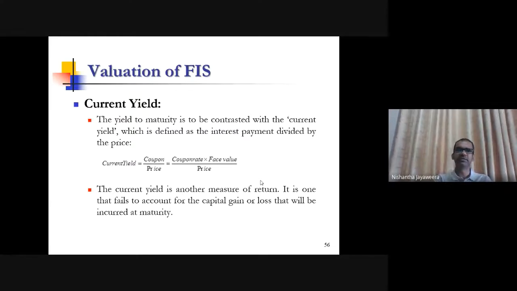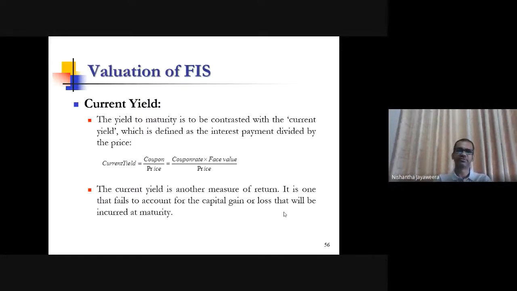Then there's another simple way of measuring the return. We call it current yield. How do we calculate current yield? We calculate the coupon amount that we receive during a year and divide by the price that we pay to buy the bond.